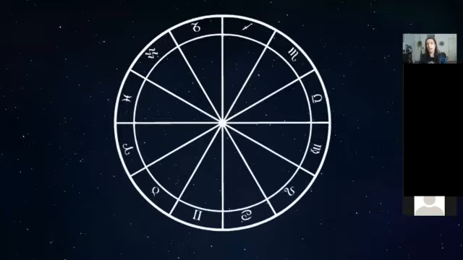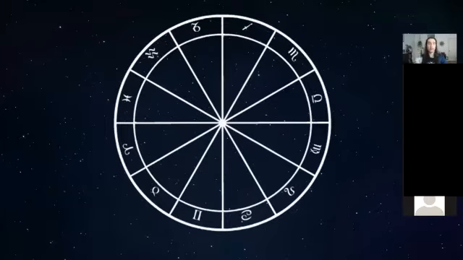Why do we have 7 days? In traditional astrology, there were 7 planets before Uranus, Neptune, and Pluto were discovered. And the planets were the 2 luminaries, Sun and Moon, plus Mercury, Venus, Mars, Jupiter, Saturn. This is where the 7 days of the week come from. So Sunday, obviously, Sun's day.